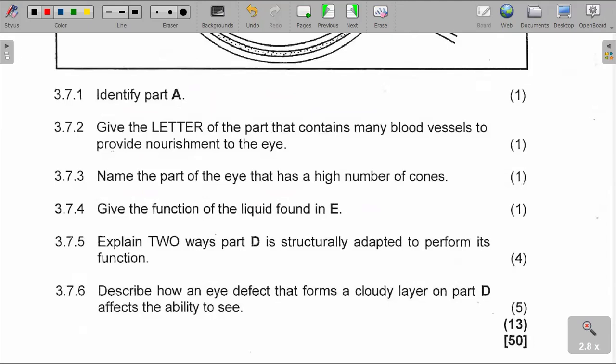There is question 3.5. Describe the autonomic nervous system. The autonomic nervous system is a component of the peripheral nervous system that regulates involuntary physiological processes, such as blood pressure, digestion, sexual arousal and respiration, among other factors.